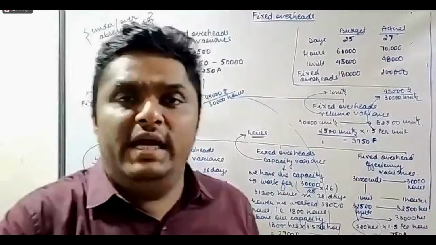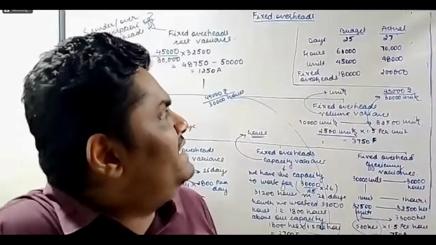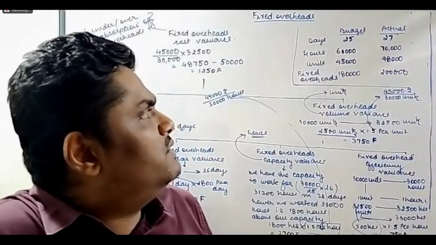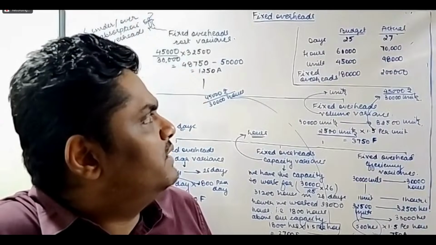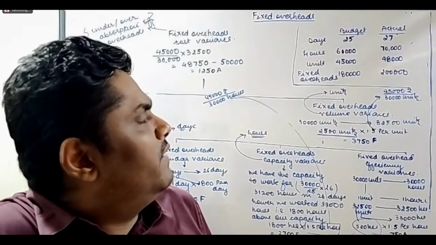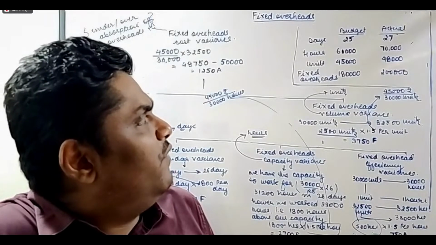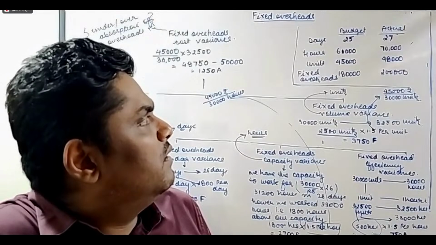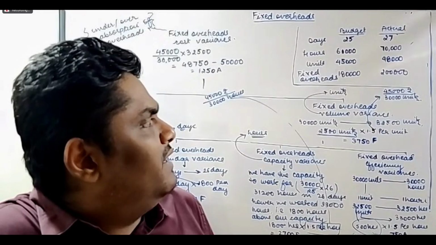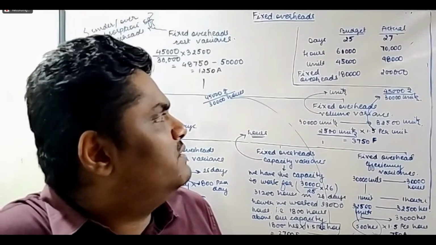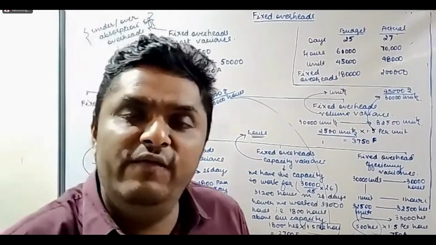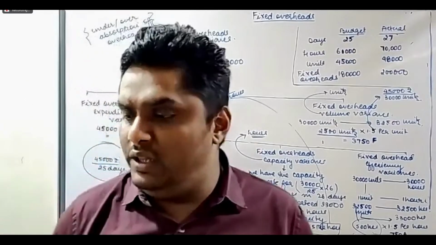So budgeted days are 25, actual days are 27. Budgeted hours are 60,000 and actual hours are 70,000. Further, the units are 45,000 and 48,000. And the fixed overheads are 1 lakh 80,000 and 2 lakh. So waiting for your answer, you are required to calculate all the variances.